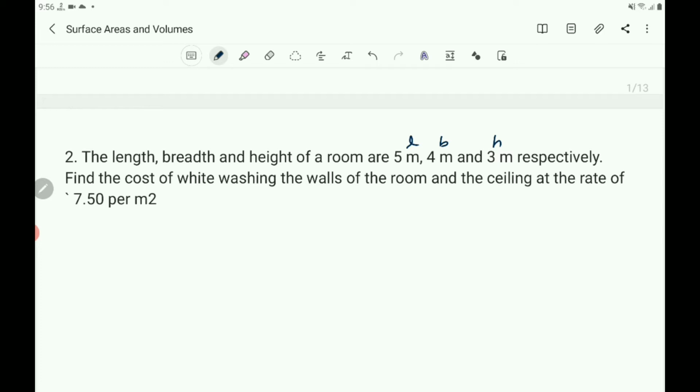Find the cost of whitewashing the walls of the room and the ceiling at the rate of 7.50 per m square. You know that the room will be in the shape of cuboid, and here for whitewashing we have to leave the floor. Only we have to take the roof and the 4 walls.